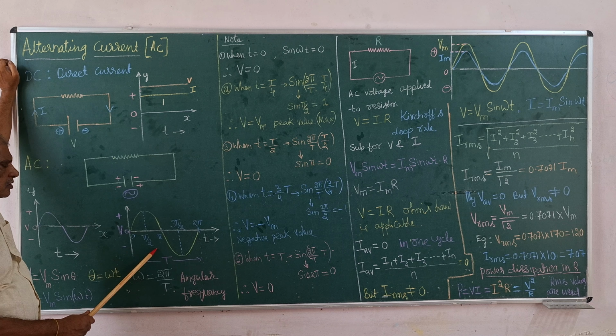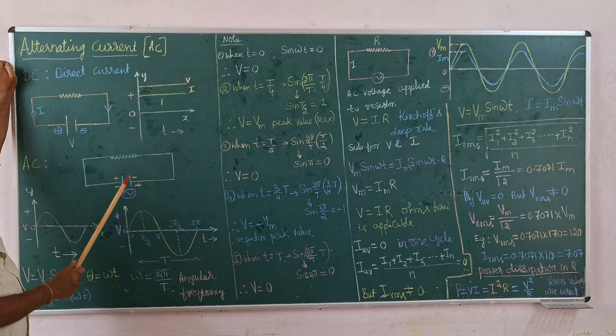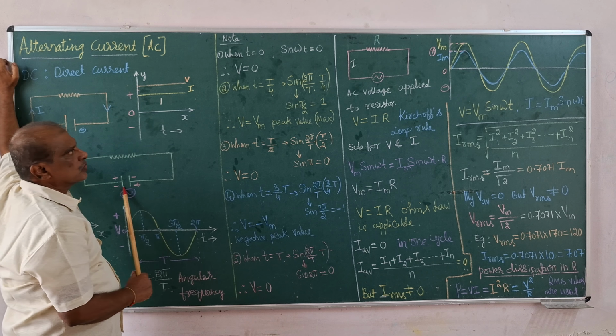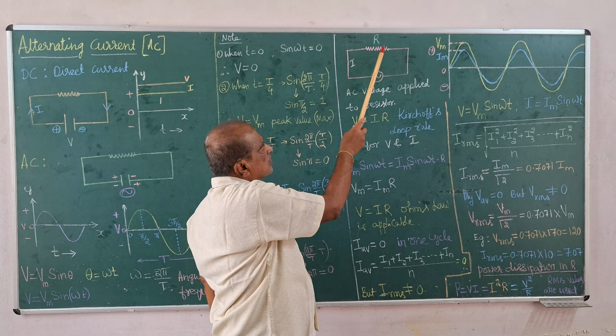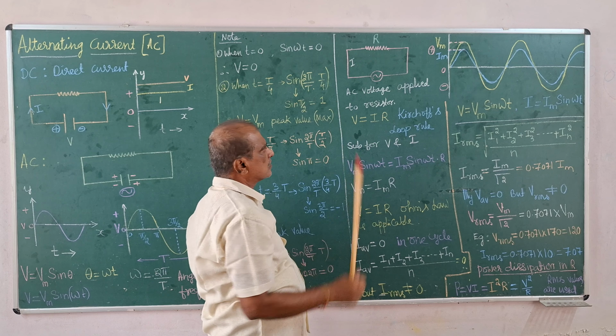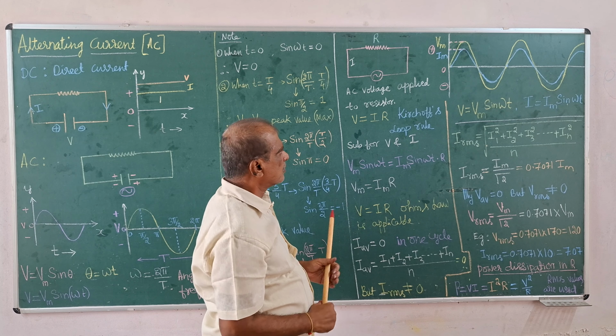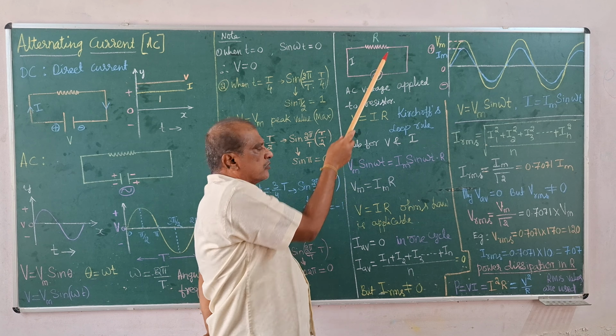Just to understand this in depth, to understand the sinusoidal wave, I will give a brief discussion about this. Now, what is this? When you apply AC to a resistor like this, what do you understand? We know that when DC is applied, V equals IR.